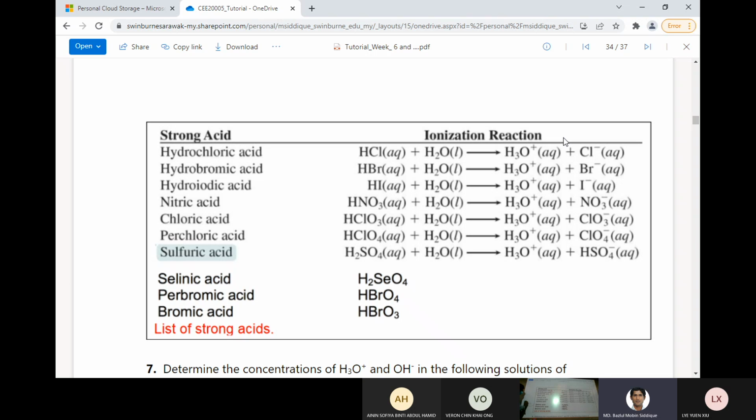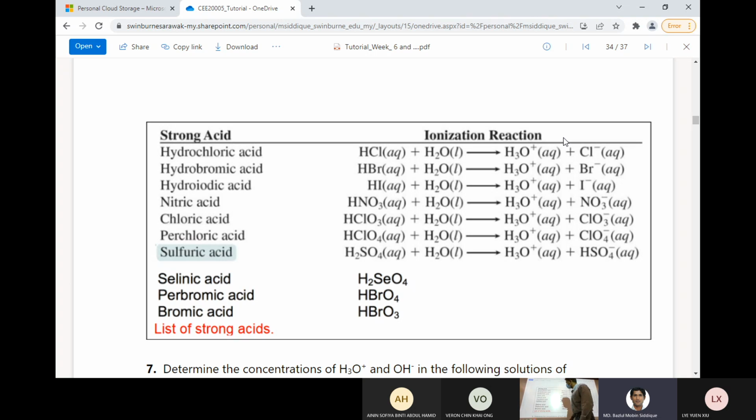Also for chloric, perchloric, and hypochloric acid, it's the same thing. There is resonance. Next class tomorrow, if I have time, I will discuss why they have resonance. Very interesting thing.